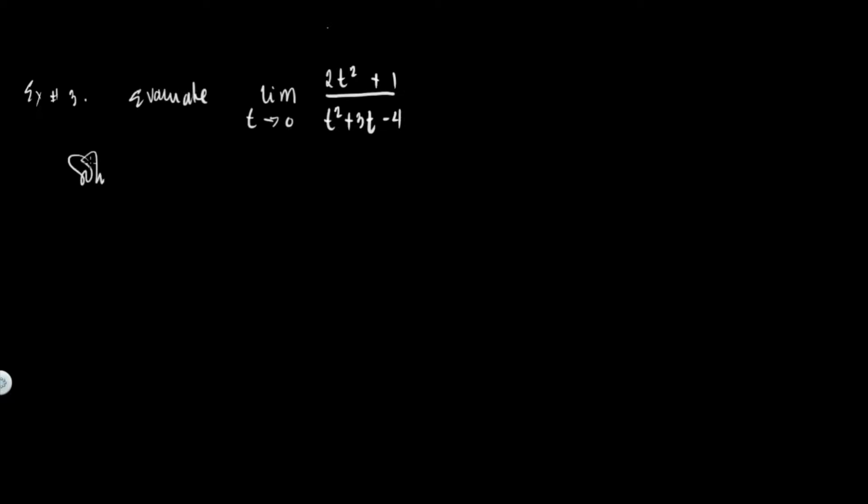So for your solution, you have here limit of 2t squared plus 1 all over t squared plus 3t minus 4 as t approaches 0. Okay, make it a habit, no? Yung parang sinusulat mo muna yung problem. Okay? Mas maganda kasi yung solution mo, no? Para systematic din ang dating. Okay, so let's evaluate this.